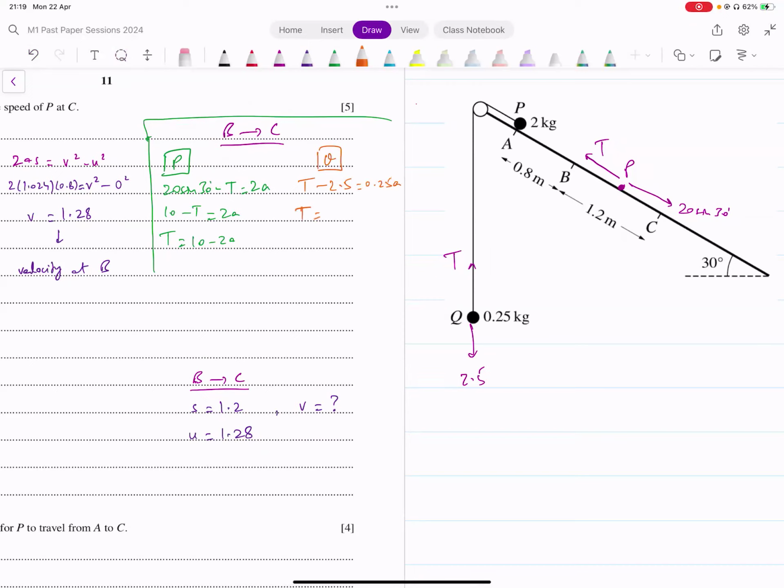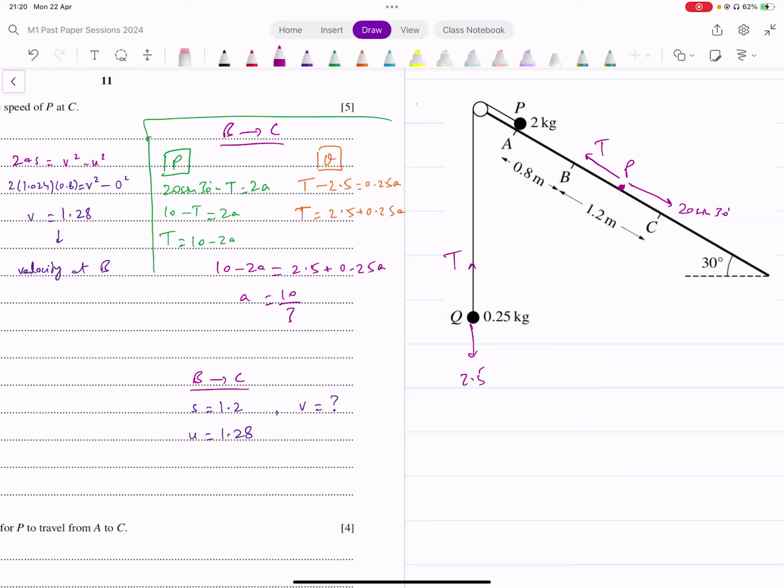From this, we get T equal to 2.5 plus 0.25 times acceleration. And from this, we can find the acceleration. That's 10 minus 2a equals 2.5 plus 0.25 times acceleration. And that will give you the value for a. Let's see what this turns out to be. 7.5 divided by 2.25. And that's giving me 10 over 3.